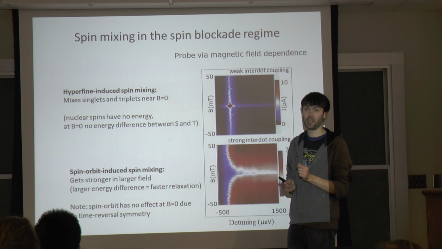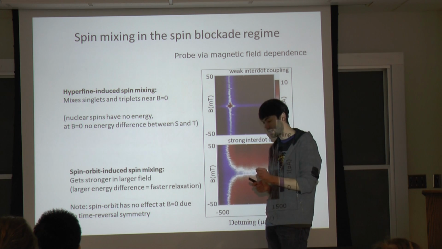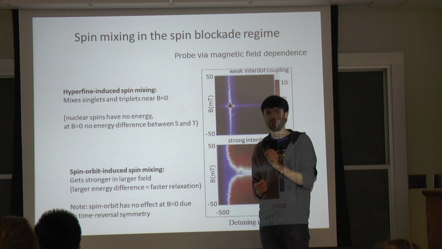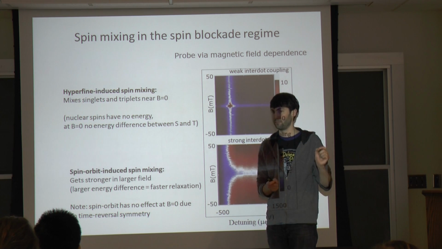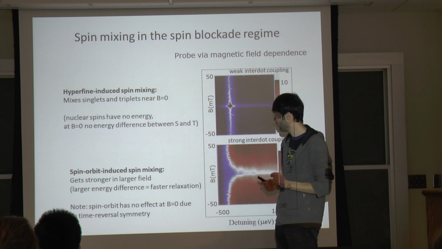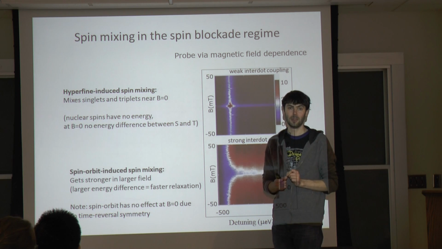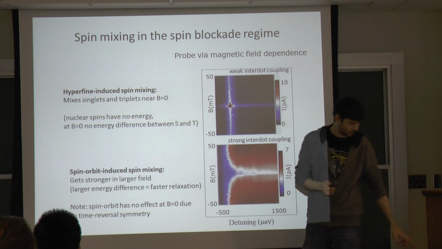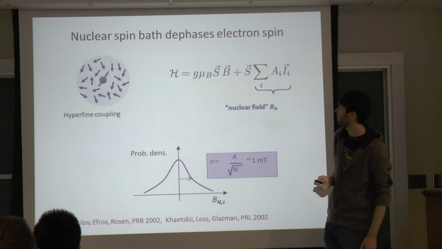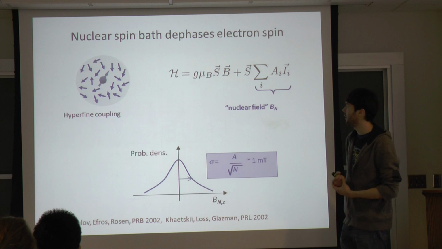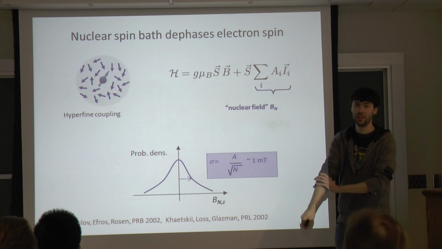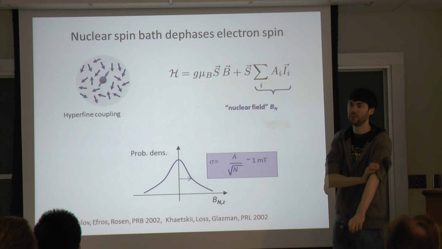Actually, strictly speaking, spin-orbit interaction cannot have any effect at zero field because the Hamiltonian is time reversal symmetric. I'll talk about this a little bit more in the coming lecture, I think. So we will finish today with discussing hyperfine interaction in a little bit more detail and leave spin-orbit interaction for later.